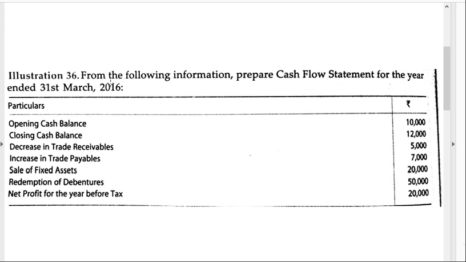Clear? From the following information, prepare cash flow statement for the year ended 31st March 2016. Opening cash balance is 10,000, closing cash balance is 12,000. Then we are given decrease in trade receivables, increase in trade payables, sale of fixed asset, redemption of debentures and net profit for the year before tax. Right? Let's prepare this.